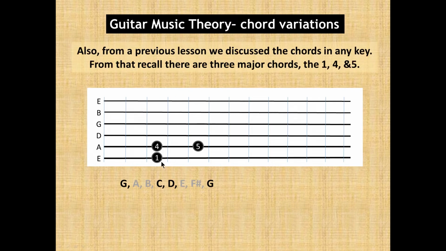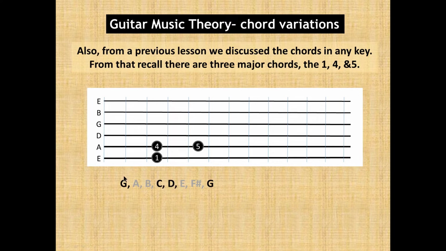The other thing that's important is to recall that by using that interval pattern, you can very quickly correlate the notes in the scale, the first note, second note, third note, fourth note, fifth note, to the chords that are going to be found in that key.